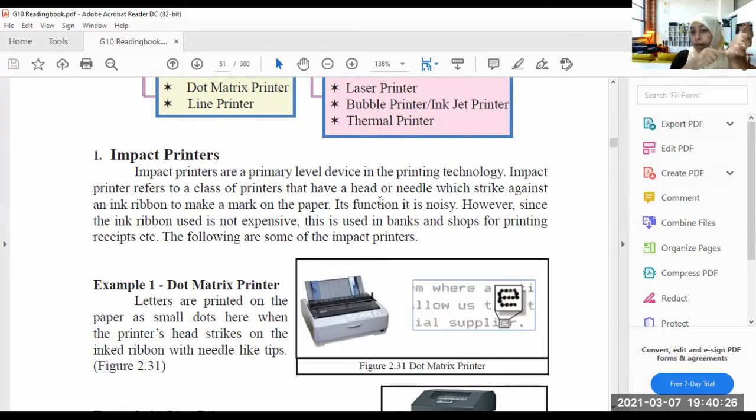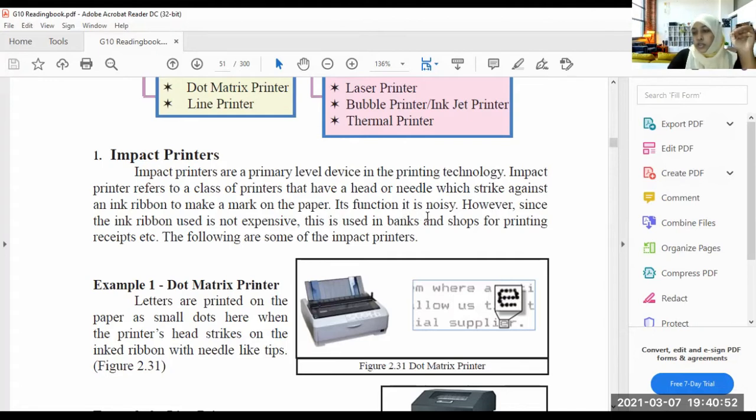So there is an impact happening when we are printing. In the printing process, there is a needle which impacts against the ink ribbon and makes the mark on the paper. See these letters, how they are created. See dots. So an impact is happening there.